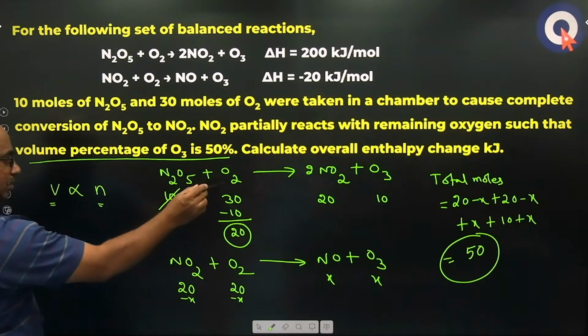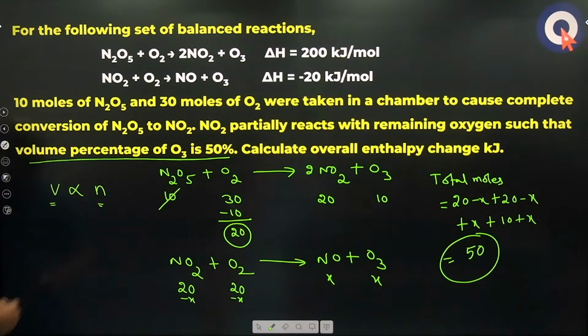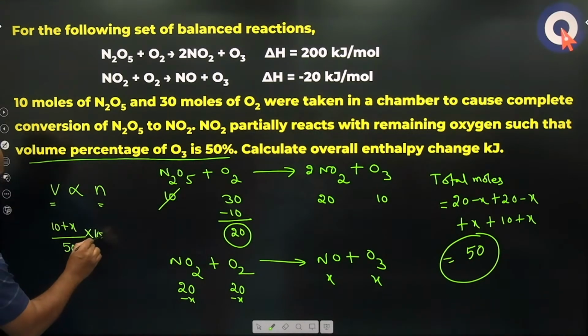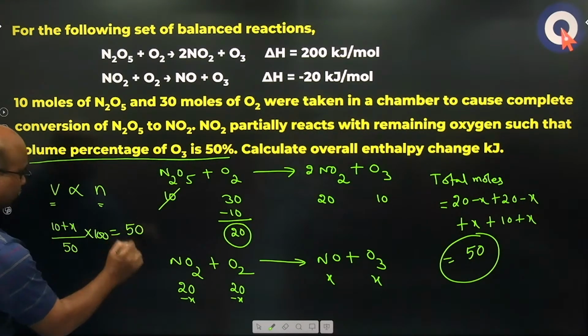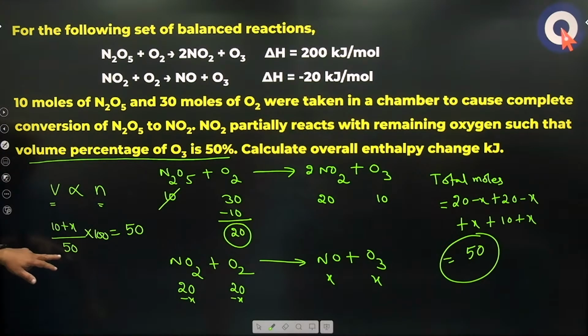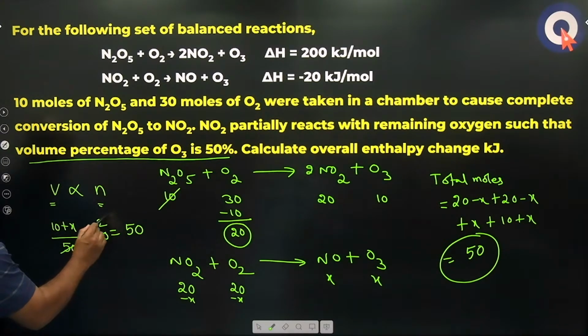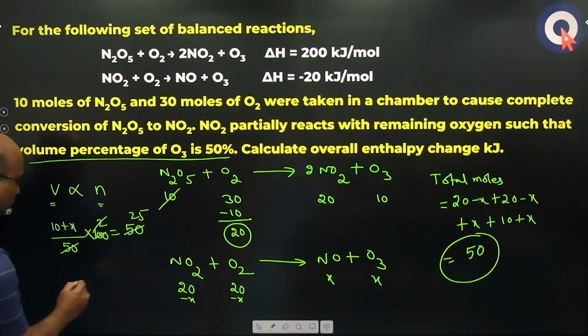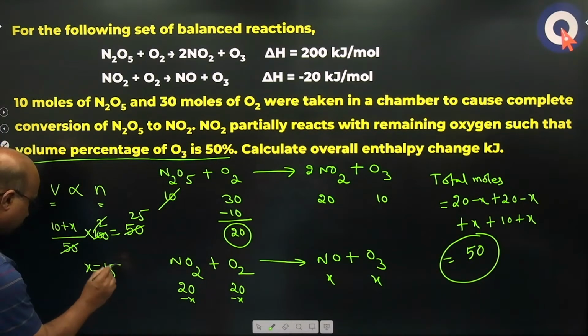So what is the mole percentage of O3? That is (10 plus X) by 50 into 100 is equal to 50. Total moles are 50, 10 plus X moles of O3 is there. So this is 2, this is 25. So X is nothing but 15.